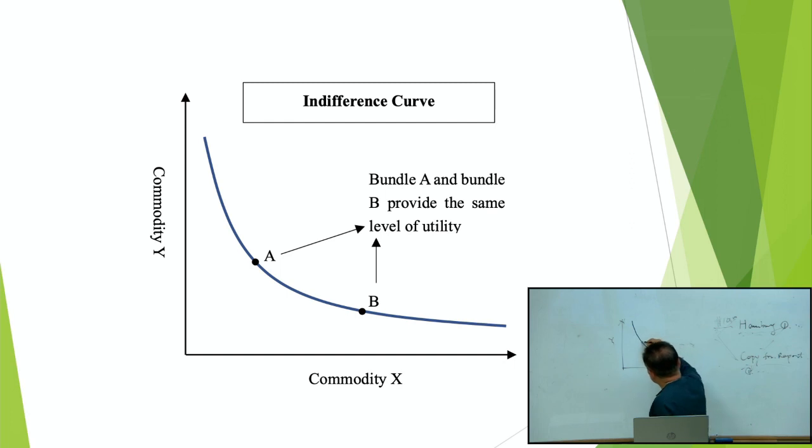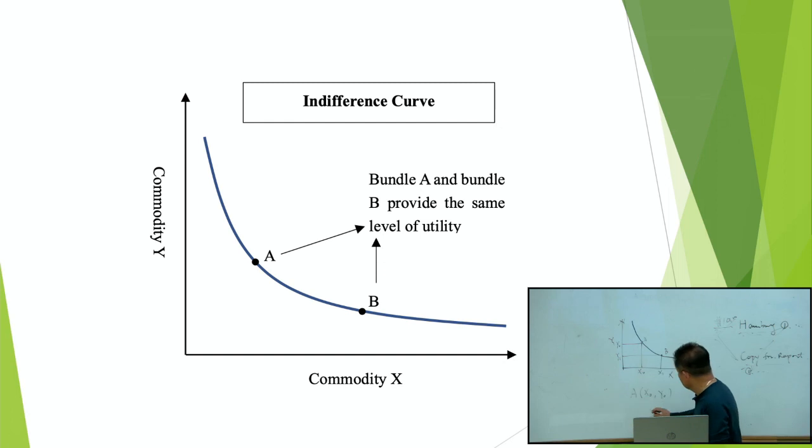So A point is y0 and x0, the X0 and Y0 combination.